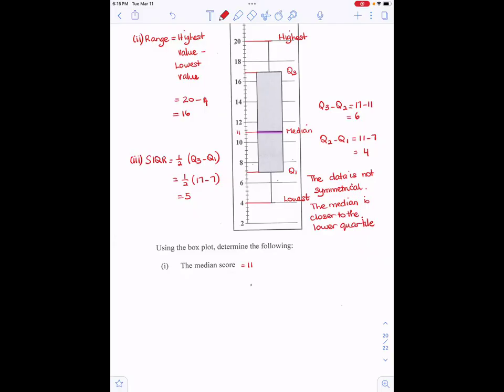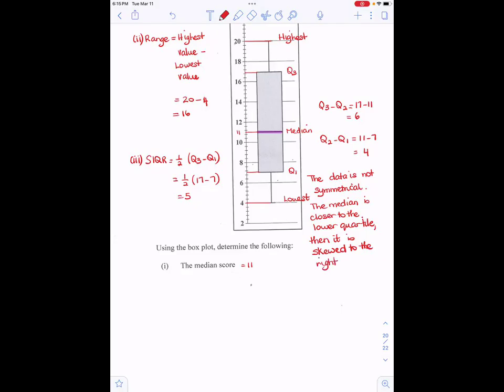All that we can see from the graph, we can say that the distribution is not symmetrical, right? And the median is closer to the lower quartile, right? Then it is skewed to the right.